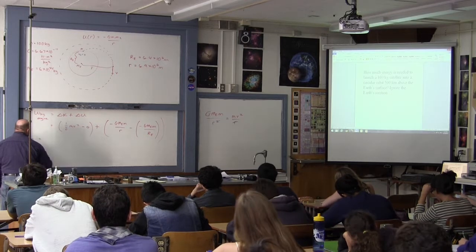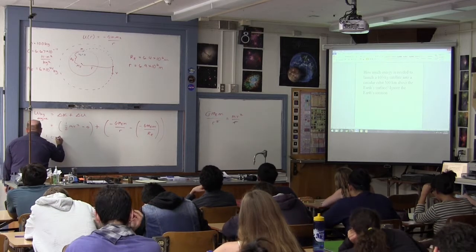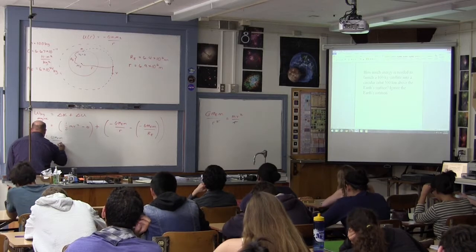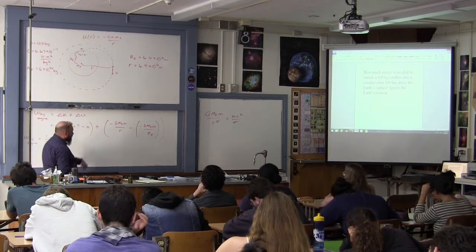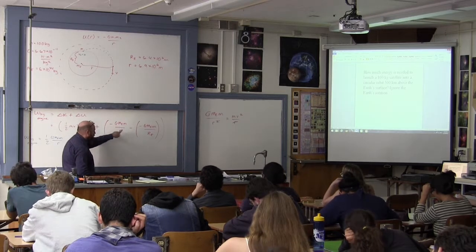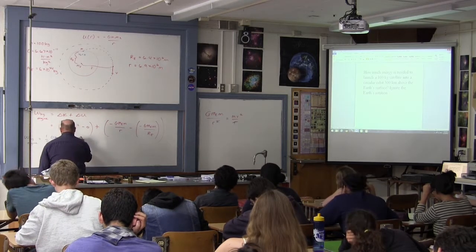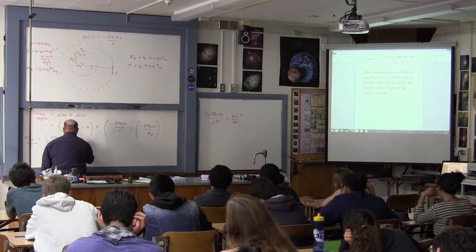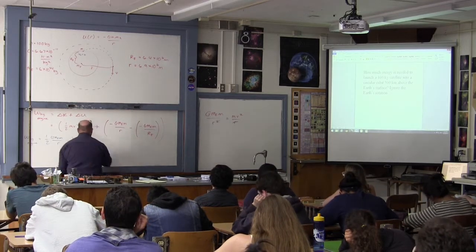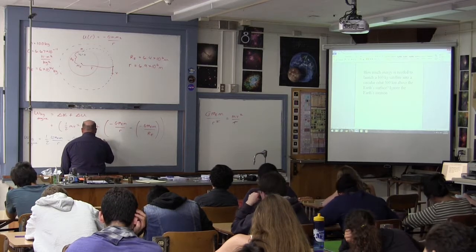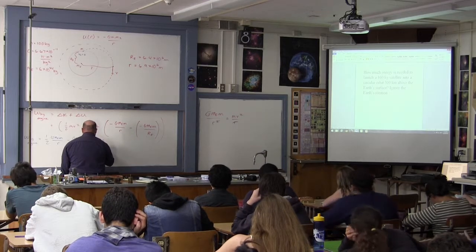I first of all have 1/2 mv squared, which is in there for this term. And now watching our negative signs carefully, I have minus GMm over little r, and then minus negative is a plus GMm over the radius of the earth.